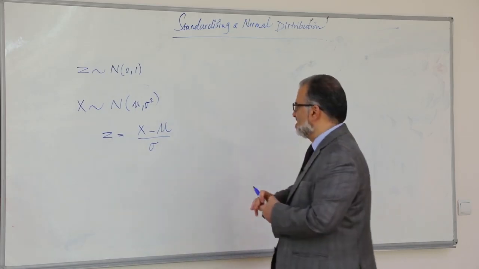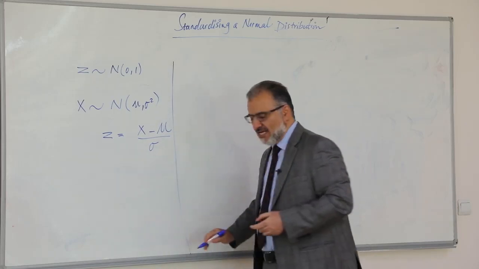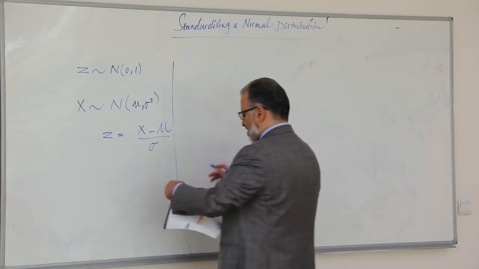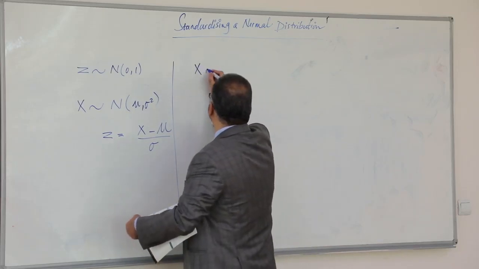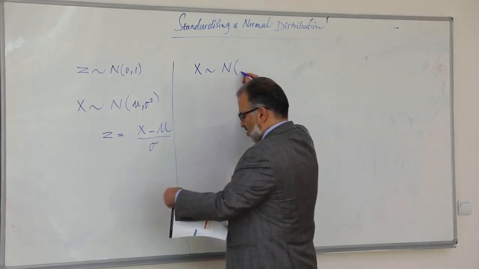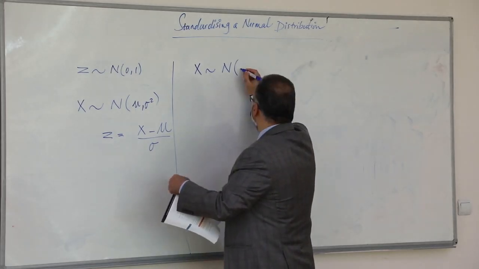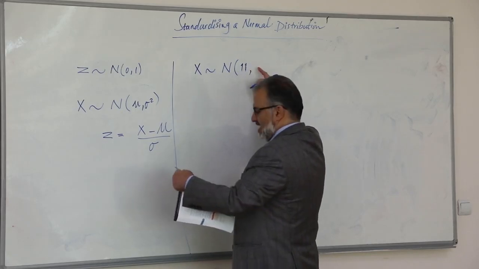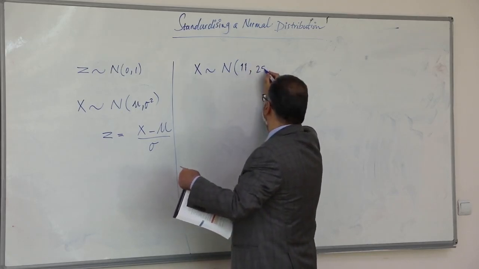Okay, I will give you an example. Through that example, we will explain more and more. Given that x, a continuous random variable, follows a normal distribution with mean 11 and variance 25, always the first value is the mean and the second value is the variance.